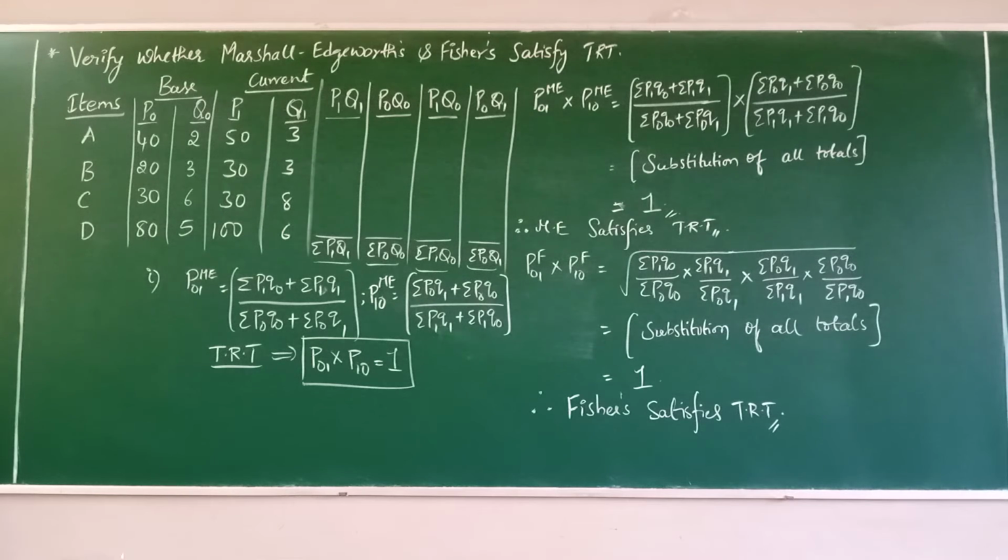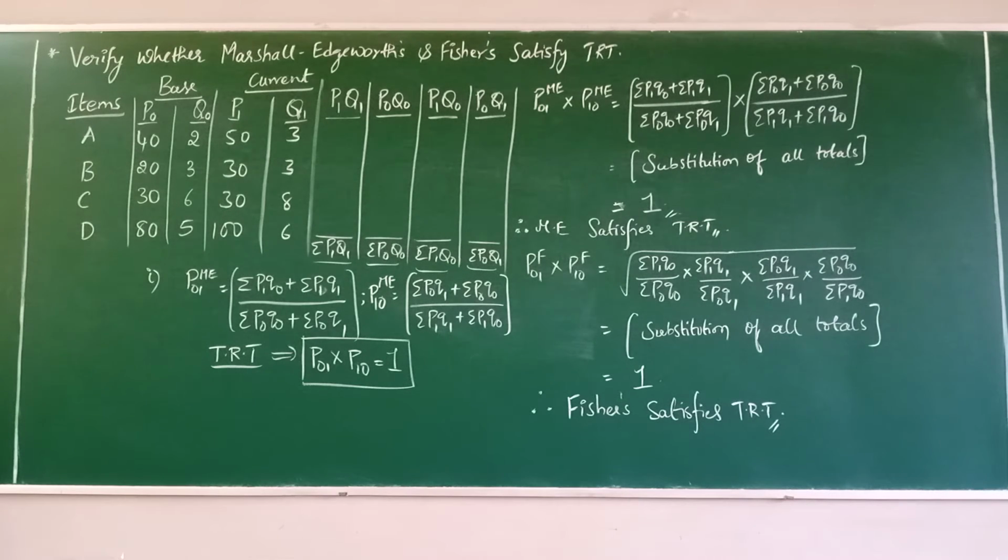At the same time, the time reversal of this, that means P10: wherever there is 0 you put 1, wherever there is 1 you put 0 from the original formula. In P01, P1Q0 is there, so when it comes to P10, in place of P1, P0 will come, and in place of Q0, Q1 will come. The same way you do the time reversal.